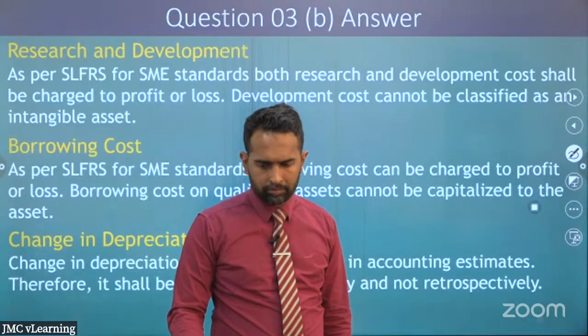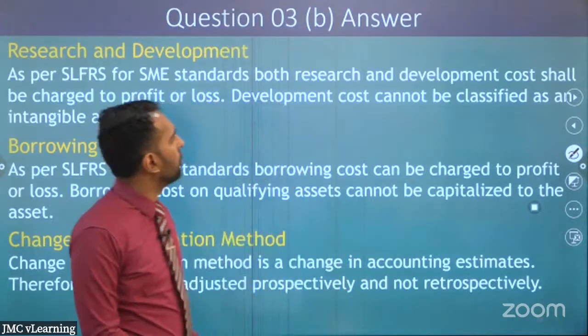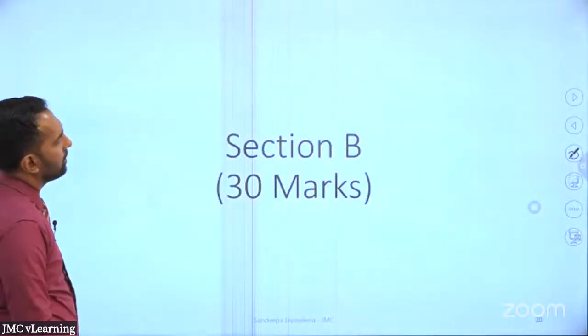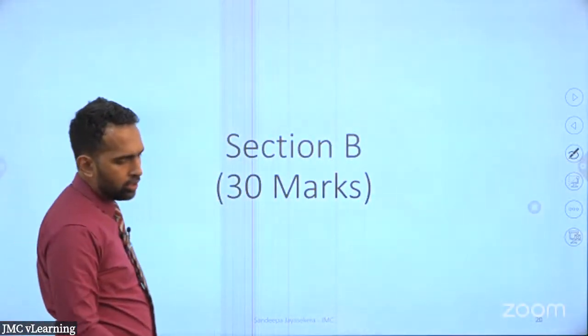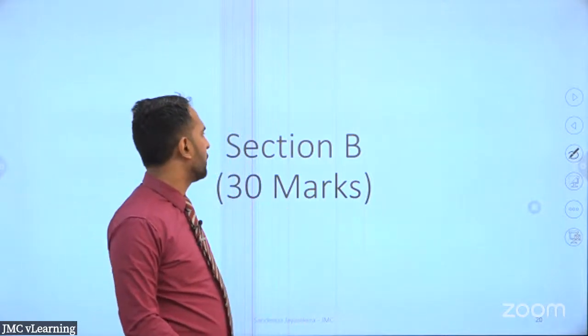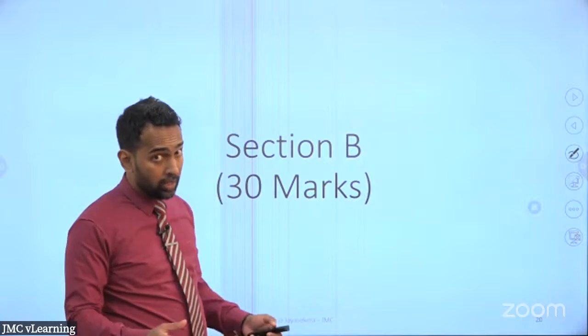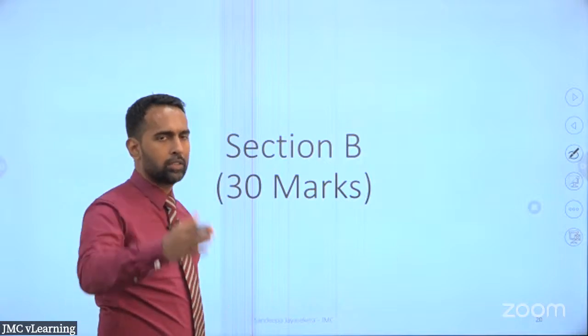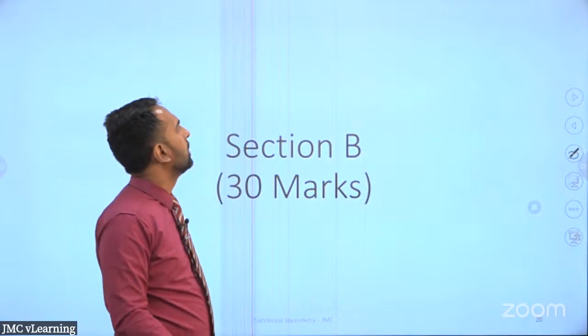Okay. Right. So we have just completed section A, 20 marks secured, right? So I'll be stepping myself into section B where you can get 30 marks. There are like 3 questions of 10 marks each.